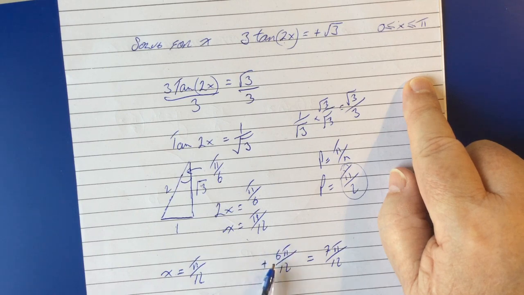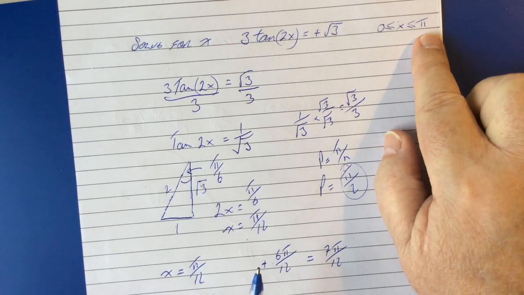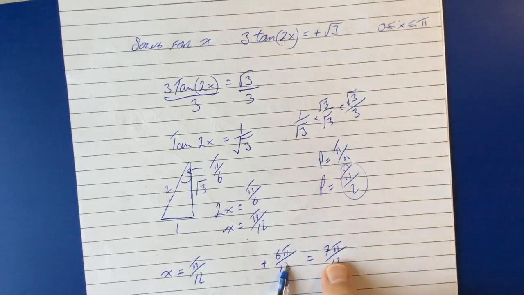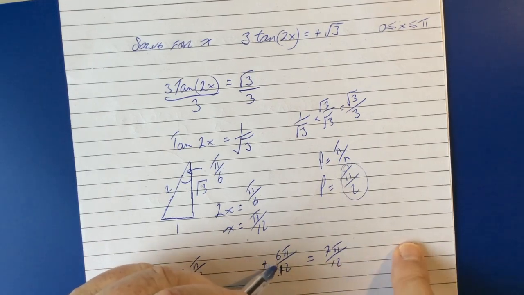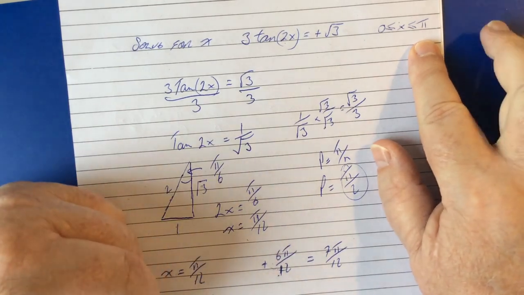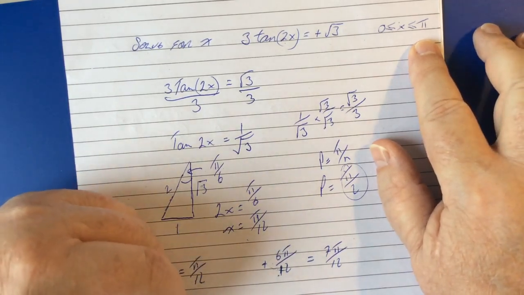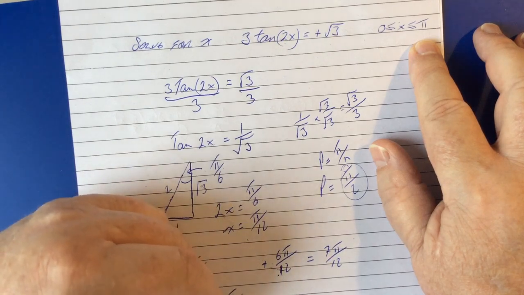We've added pi on 2 to it in this form, and we get 7 pi on 12. Now pi on 12 fits between 0 and pi. If we added another 6 pi on 12 to this, we would get 13 pi on 12, which is outside of this domain. So our two solutions for this are x equals pi on 12 and 7 pi on 12.